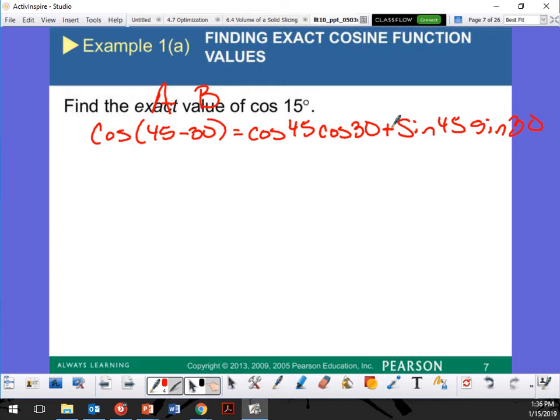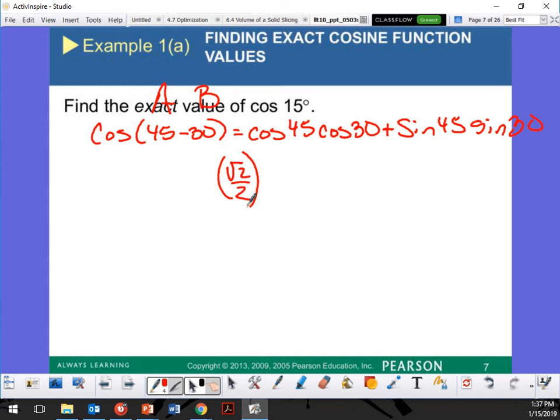All right, so do we have cosine 45? Is it on my unit circle? Say yes. Everyone, please put your finger on 45 on the unit circle. Cosine is the what value? X. So what is my x value here? Rad 2 over 2.